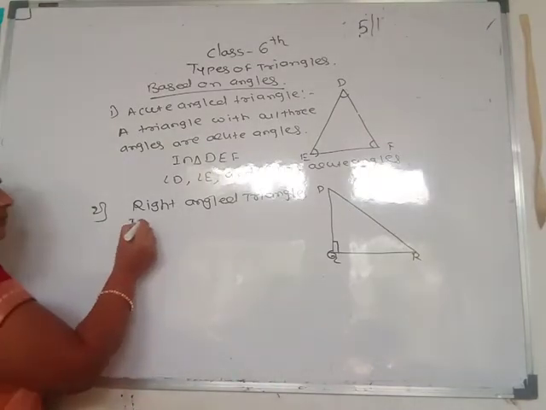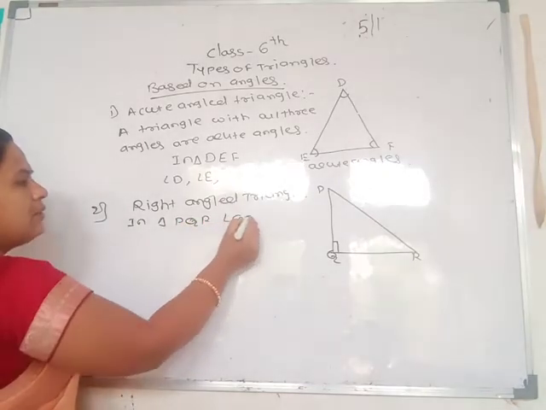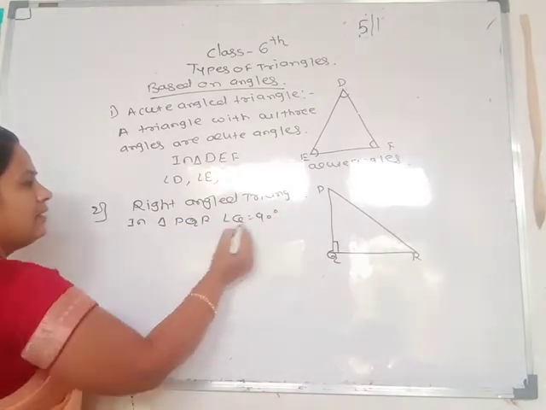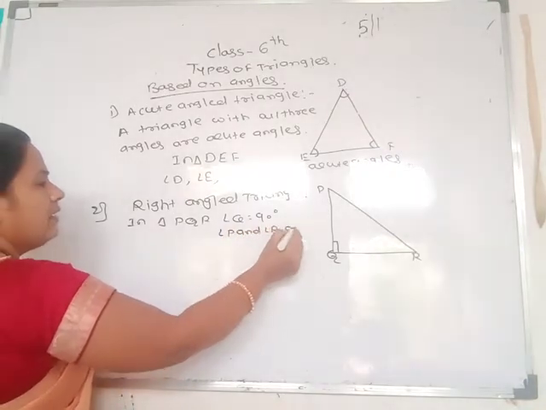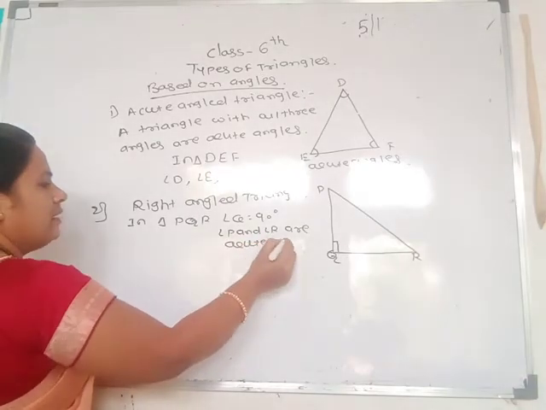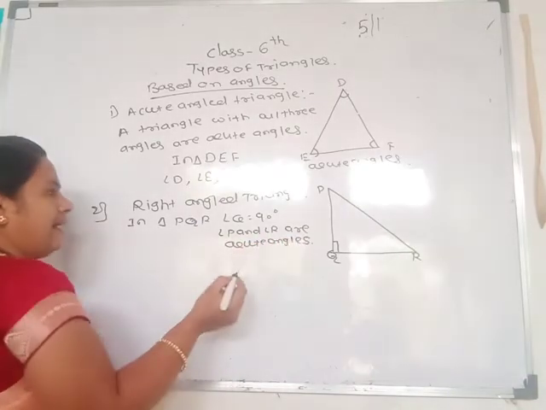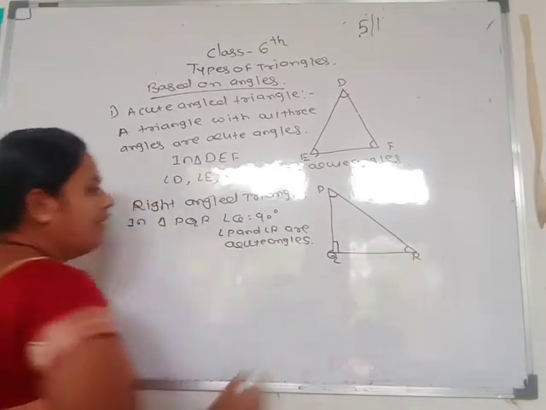In triangle PQR, angle Q is equal to 90 degrees. Angle P and angle R are acute angles. In a right angled triangle, one angle is a right angle and two angles are acute angles.